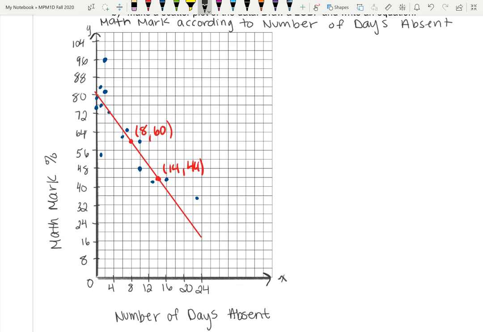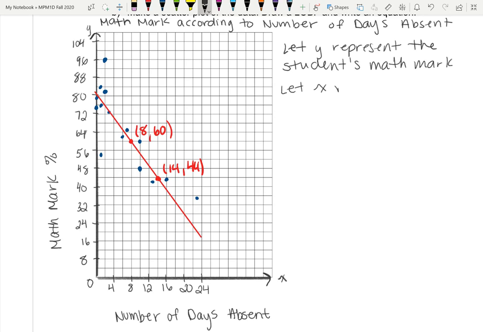And my equation is going to be in y = mx + b form. So I'm going to let y represent the student's math mark. And I'm going to let x represent the number of days absent.